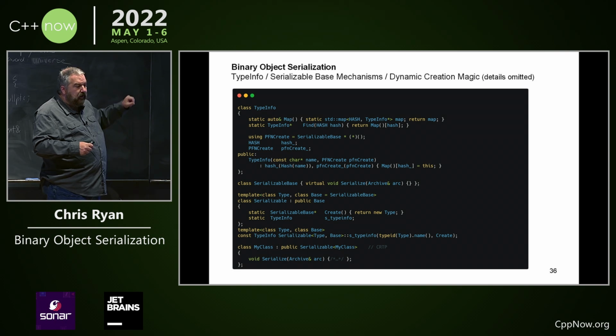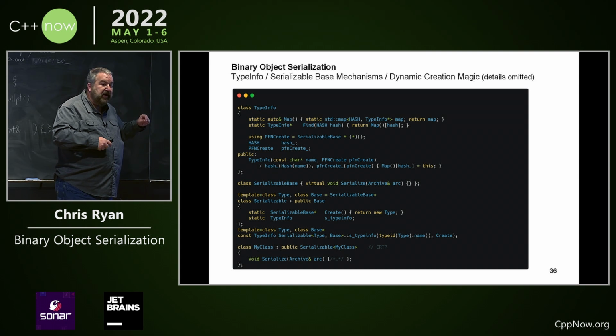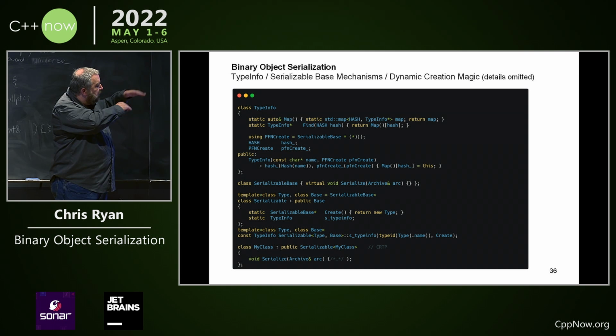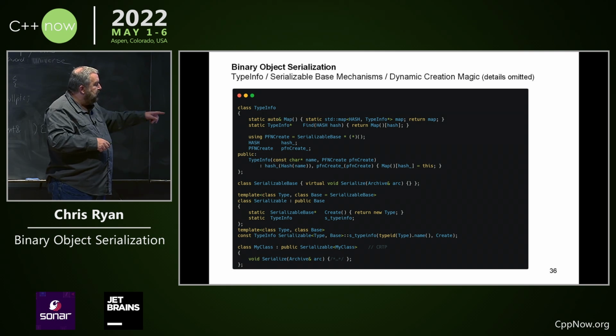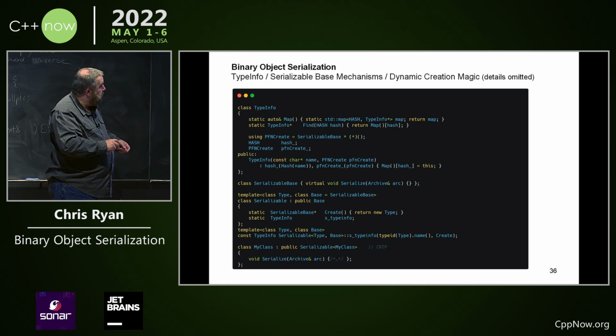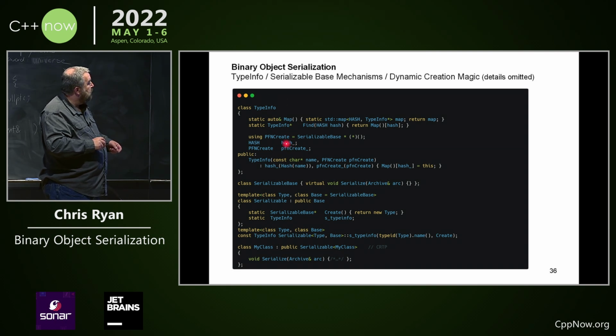There's a couple other internal things I can compare to the object to make sure that it's the object that I'm expecting, or an object of a derived type of this type, because there's multiple layers of the serializable in a derived class. And from that type info, it knows the class that it came from, it gets to create, and then it can create one of those for me on the fly.